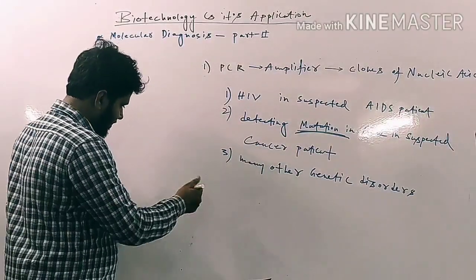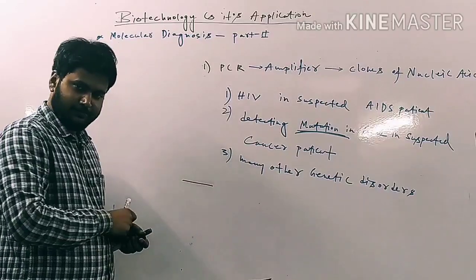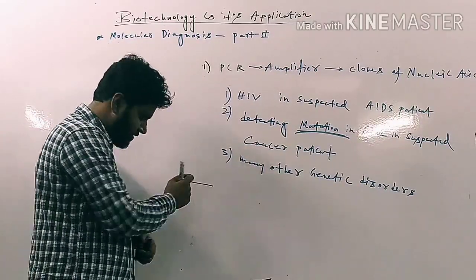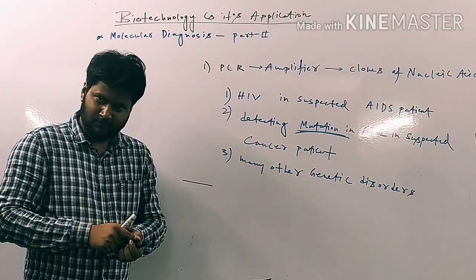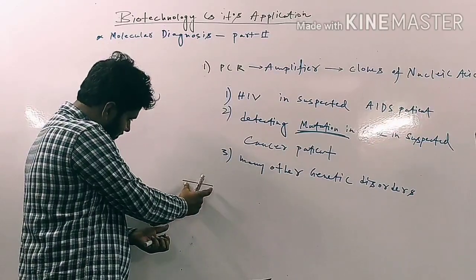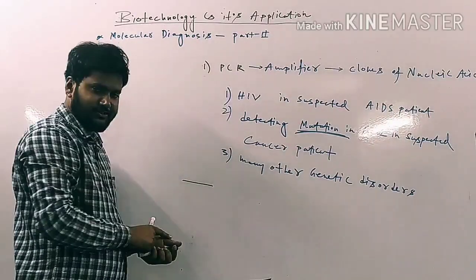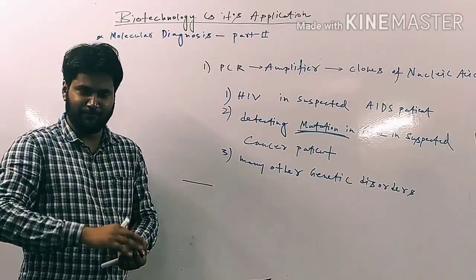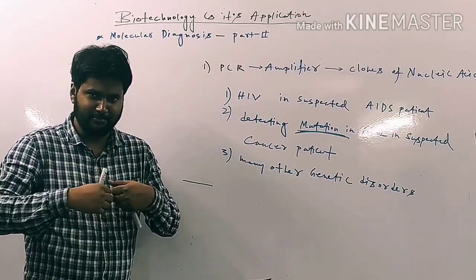Suppose there is a small gene in which you suspect there could be some mutation. You take out the gene and give it to the PCR system, and PCR will amplify it, making millions and billions of copies.